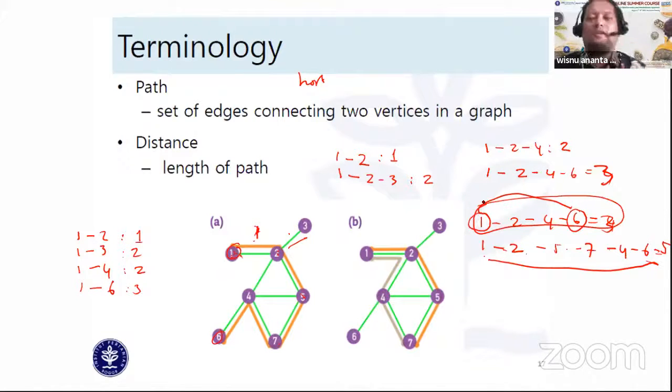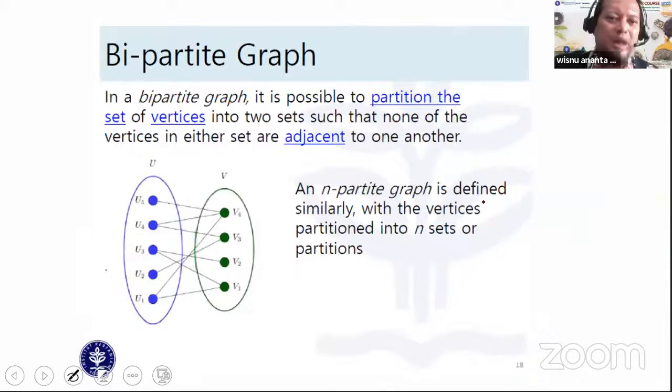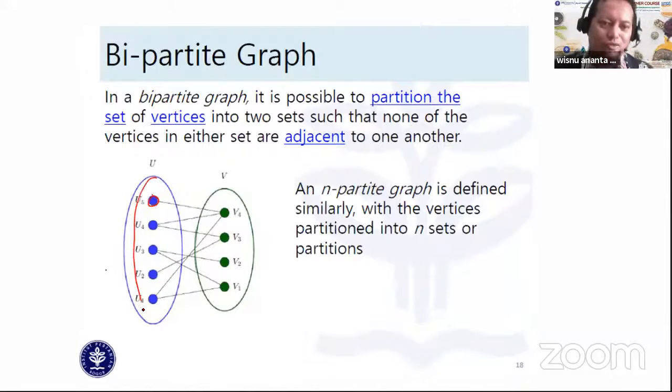And also we introduce the bipartite graph, for example, here. In a bipartite graph, actually the connection only exists from a component of one entity to another entity, and there is no connection between objects or components inside the same entity.